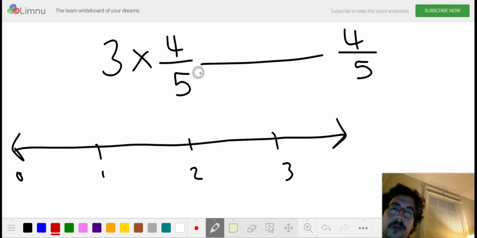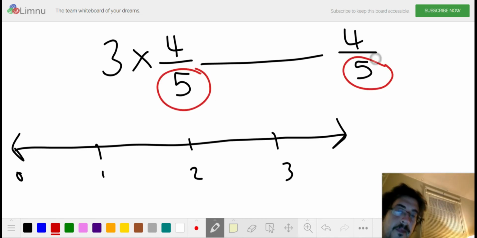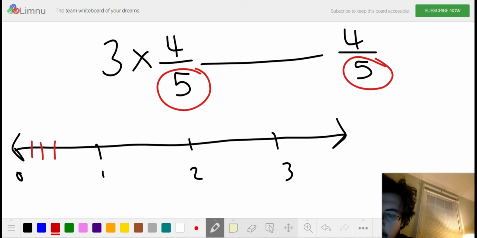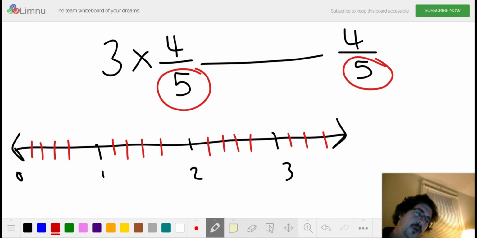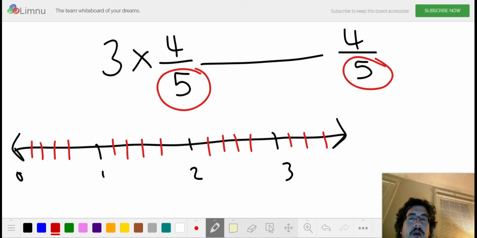And then because I'm dealing with fifths here, I'm going to make sure there are 5 sections in between each whole number, or like 5 spaces, because we're dealing with fifths. And we don't quite make it to the whole number 4 there.